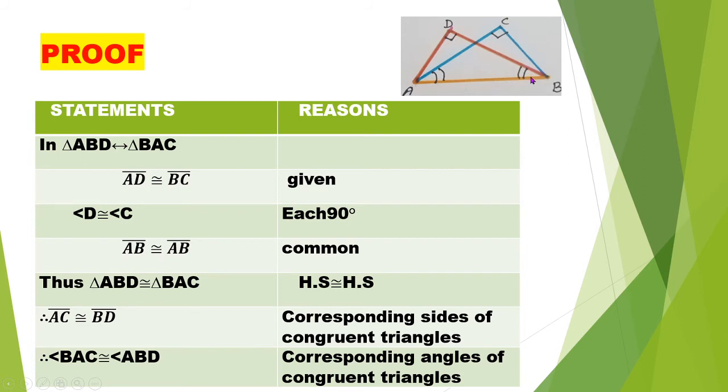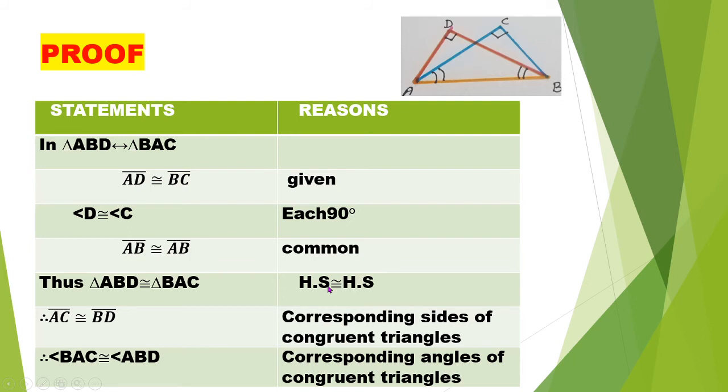So AB is congruent to side AB, and the reason for this is common, as this side is common between these two triangles. Thus triangle ABD is congruent to triangle BAC because of HS postulate.